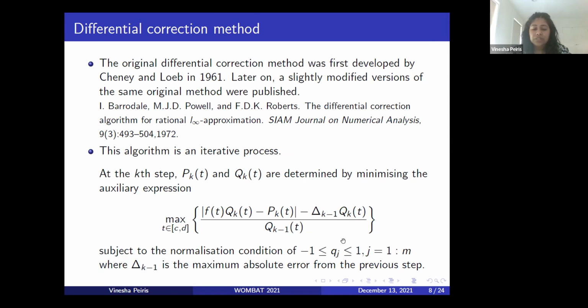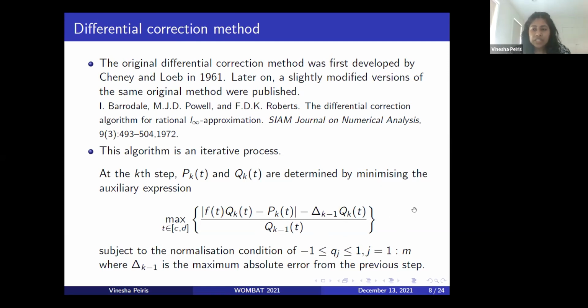So you are basically trying to force all of your coefficients in the denominator to be within the interval -1 and +1. And in this expression, we have delta_{k-1} and q_{k-1}. This delta_{k-1} is the maximum absolute error coming from the previous step, and q_{k-1} is the denominator coming from the previous step.